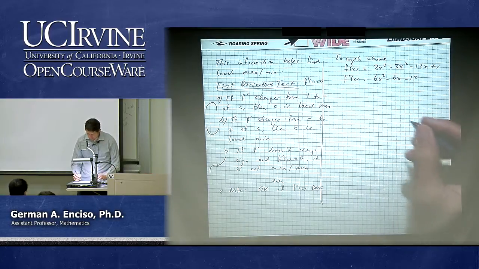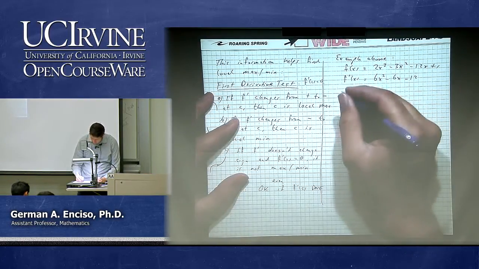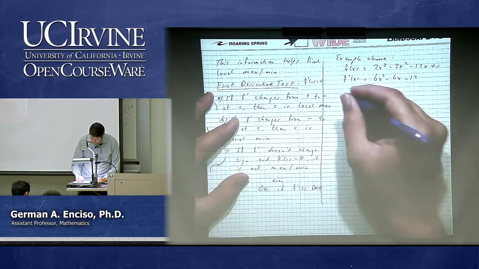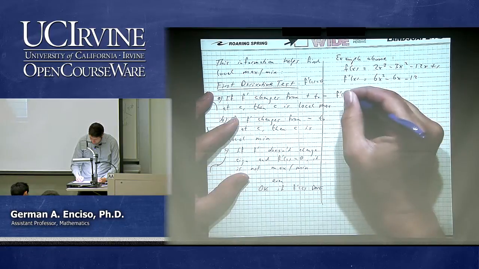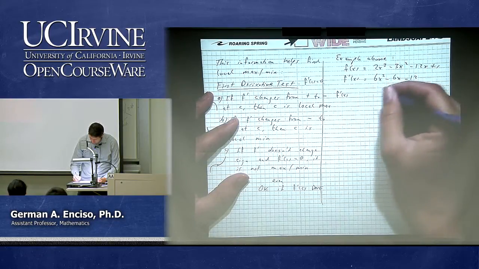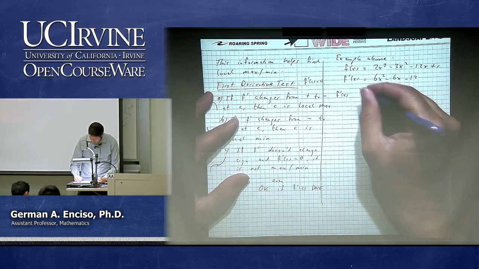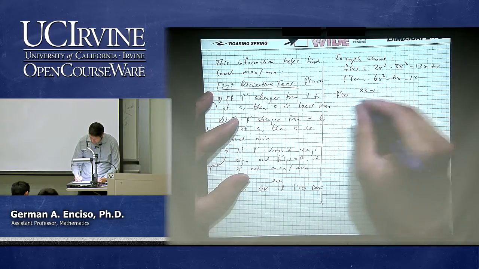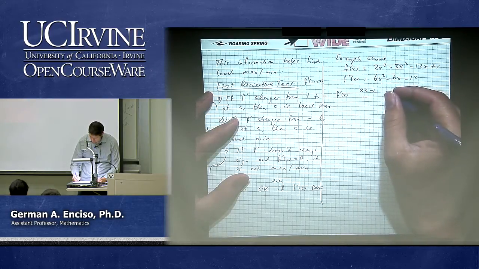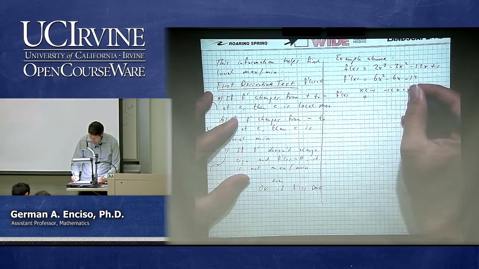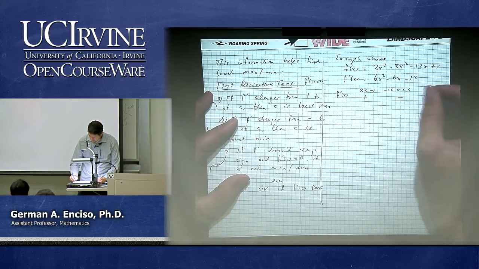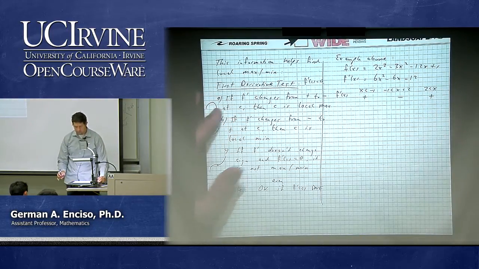And we said that for x less than minus 1, this thing is positive. For minus 1 less than x less than 2, this thing is negative. And for 2 less than x, this is positive.